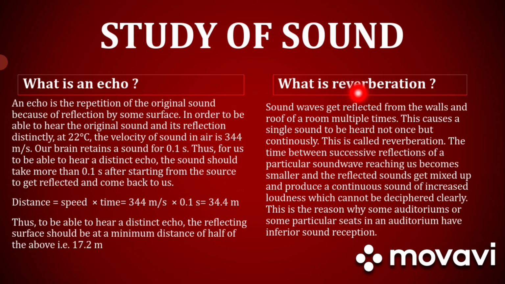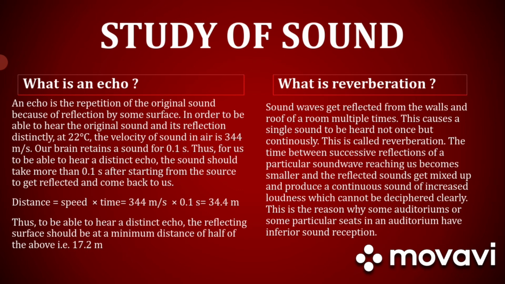What is reverberation? Sound waves get reflected from the walls and roof of a room multiple times. This causes a single sound to be heard not once but continuously. This is called reverberation.